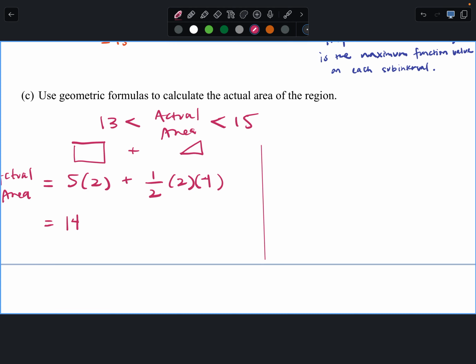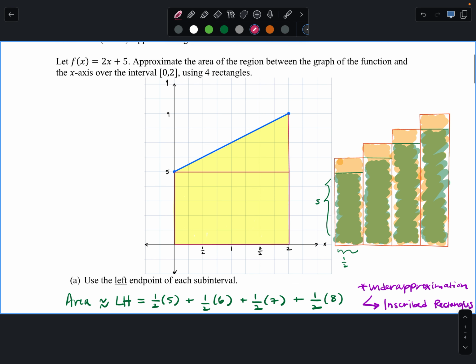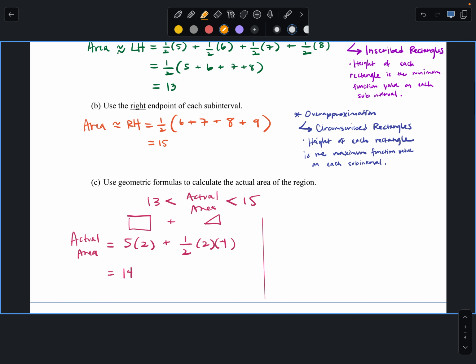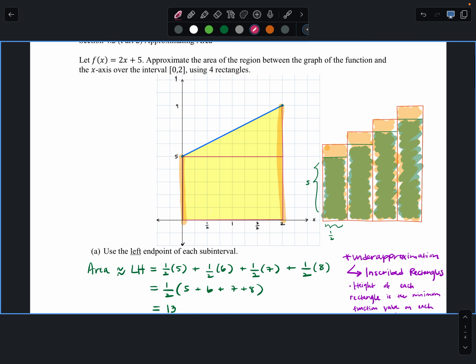Looking at this trapezoid, the parallel sides would be this side and this side. So 5 plus 9 divided by 2, and then the height is 2. Think of it as being on its side.